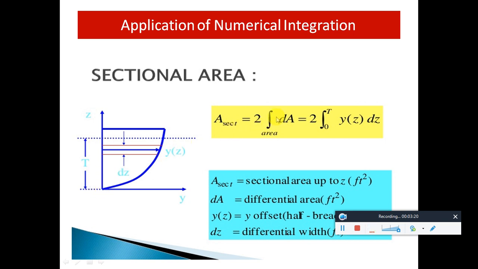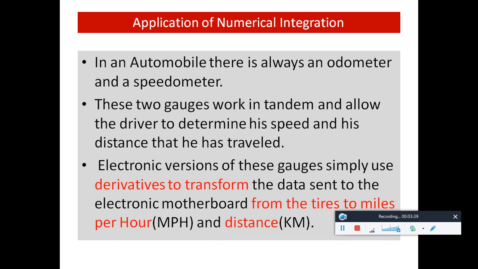So the area of the section becomes 2 times the integral from 0 to t of y of z dz. This is how we represent the numerical integration, and we don't go for the calculus method to find this. Instead we go for the numerical integration method.